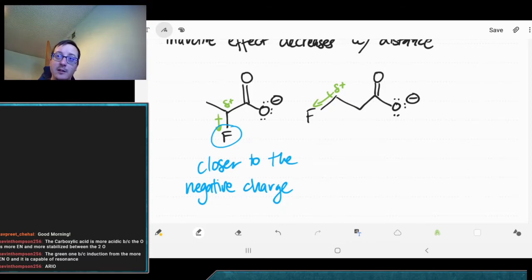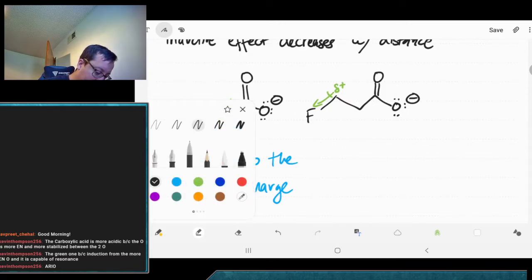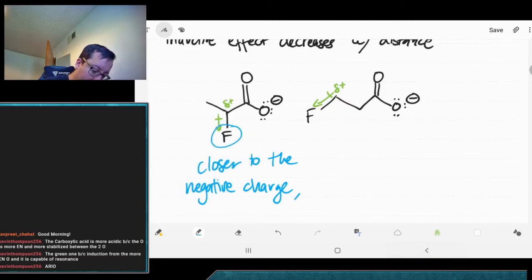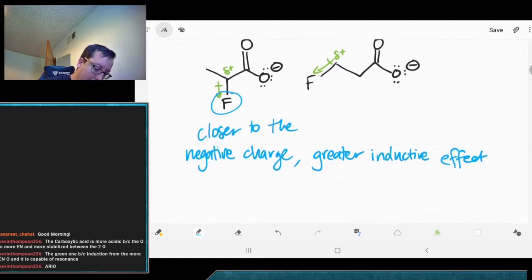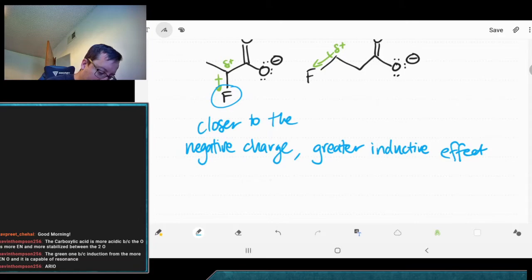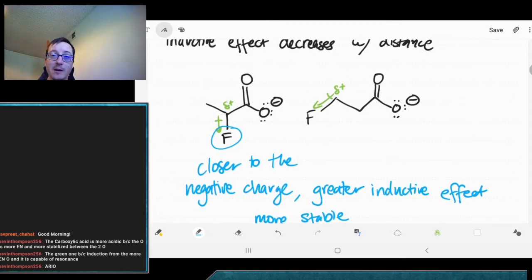And so as a result, we're going to see that the left one is going to experience the greater inductive effect. And therefore, this is going to be more stable than the one on the right. Again, the one on the right is still better than not having it at all, for sure. But it's going to be a little bit less.